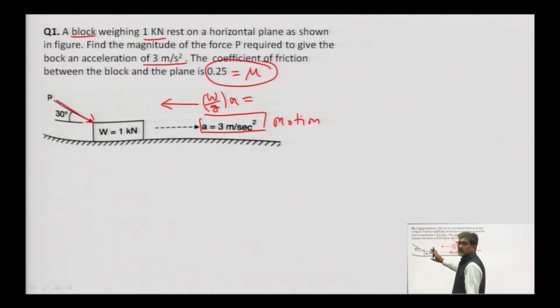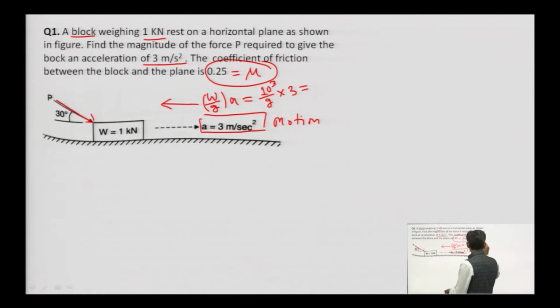When we apply this much inertia force to this body, the block will be in dynamic equilibrium. W by g, what is the value? W is 1 kilonewton, 1 kilonewton divided by g, multiplied by 3. So, kilonewton is 10 to the power 3, so this value is just 3000 divided by 9.81.